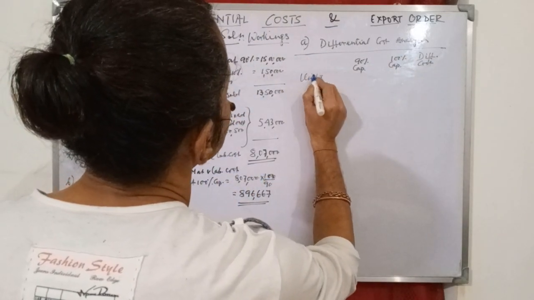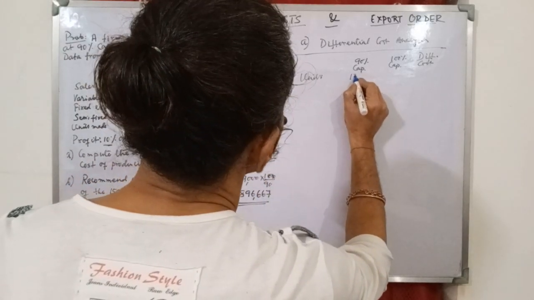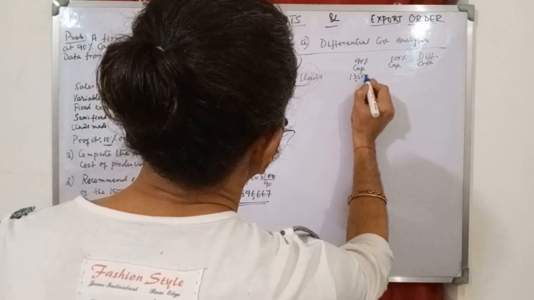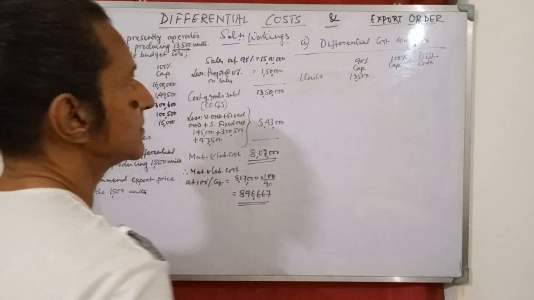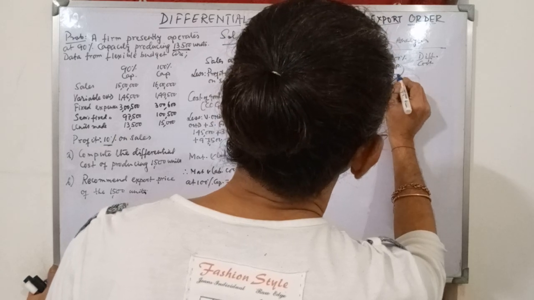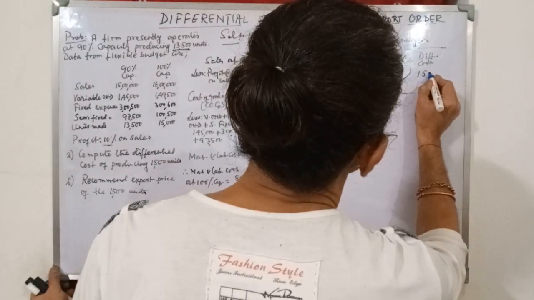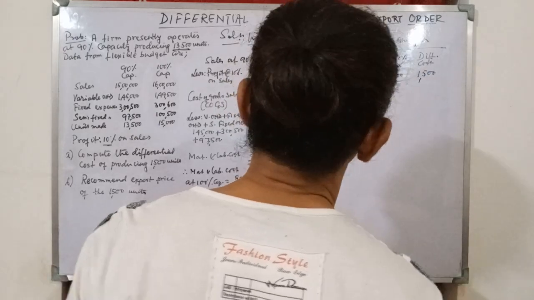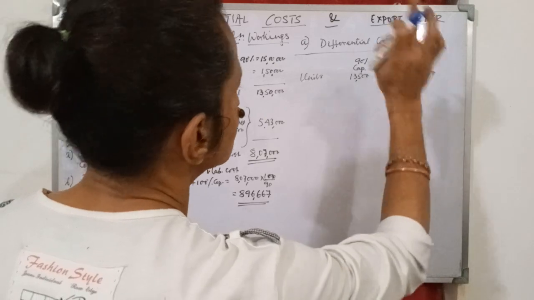Units at 90% capacity is 13,500, so we write 13,500 here under 90% capacity utilization, and at 100% it is 15,000. So differential units will be 1,500. This minus this, 1,500.